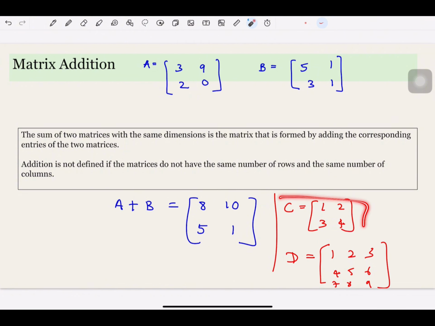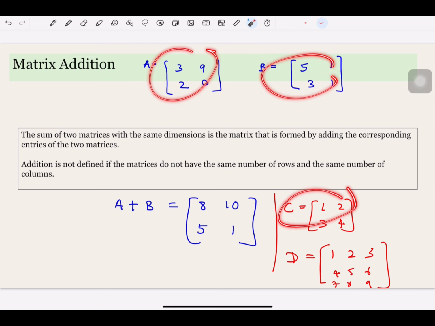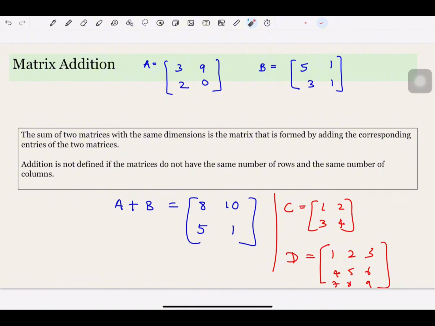But you can add C to A or B because all these three matrices are of the same size, right? So why can we not add matrices with different sizes? It's because there's no one-to-one match for each number. One matrix might have a number in a spot where the other one doesn't have one.